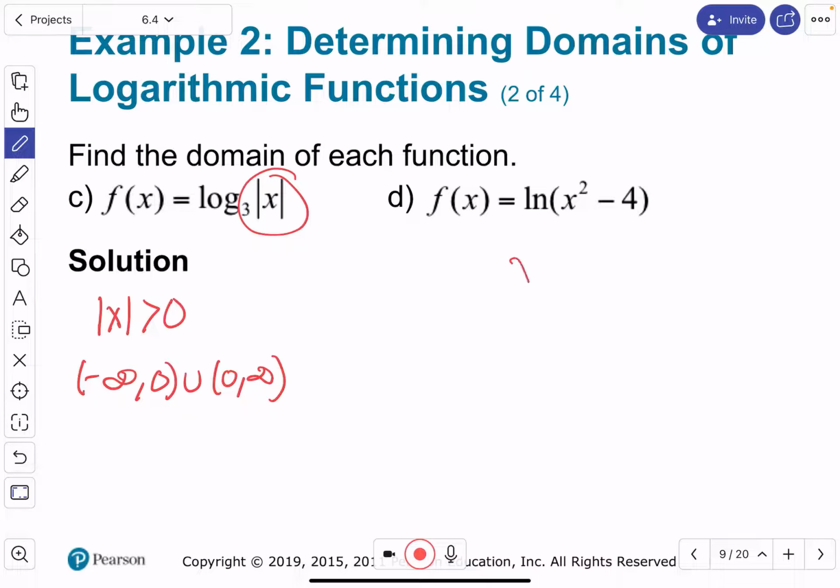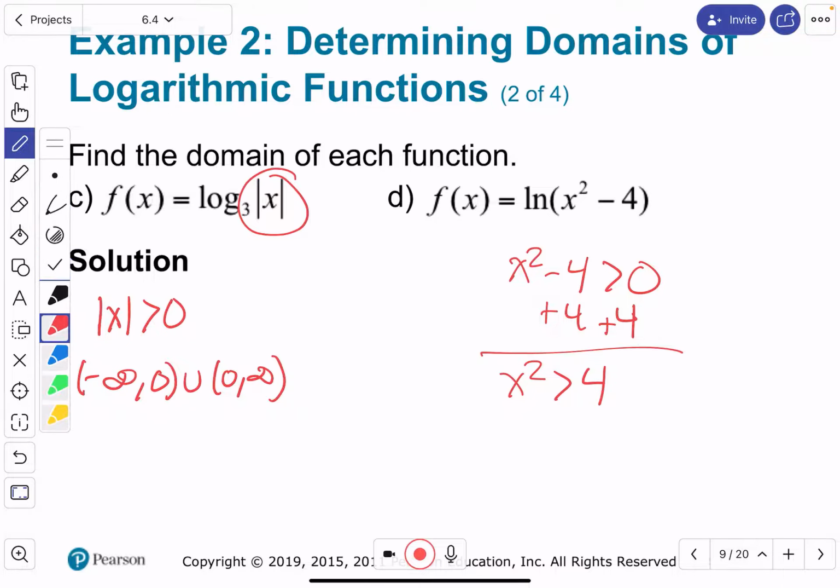Now if we look at this one, x squared minus 4 is greater than 0. Bring 4 over. x squared is greater than 4. So we take the square root of 4 and we get positive and negative 2. We've got to test some intervals: negative infinity to negative 2, negative 2 to 2, and 2 to infinity.